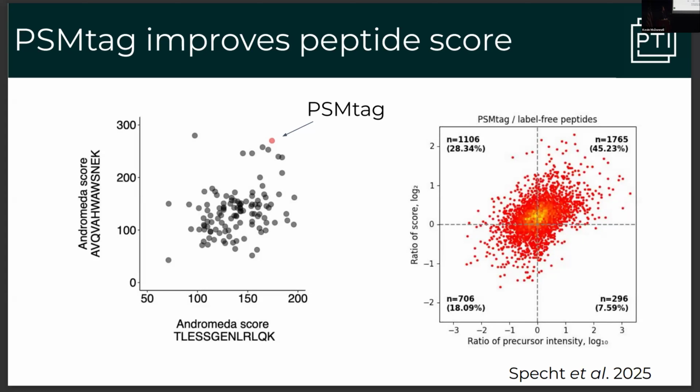Then we have the same ratio, but with score, on the y-axis. If a point is above this line, it means when the tag was attached, it scored better than the label-free counterpart. And you can see that most points are scoring better, and most points are actually more intense. So this tag is exhibiting these positive spectral qualities when attached to a molecule compared to a label-free scenario.